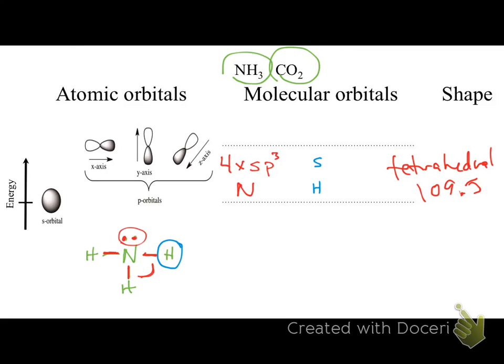If I take a look at that bond now between the nitrogen and the hydrogen, and I ask what orbitals are involved in that bond, what would you tell me?